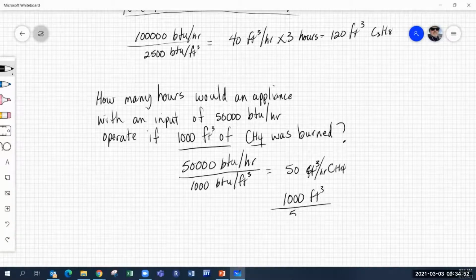I will divide it by 50. 20 hours. And they cancel out. So yeah, could you do it another way? Sure. I'm not going to dispute that. But here is that way. Okay, we're good so far?